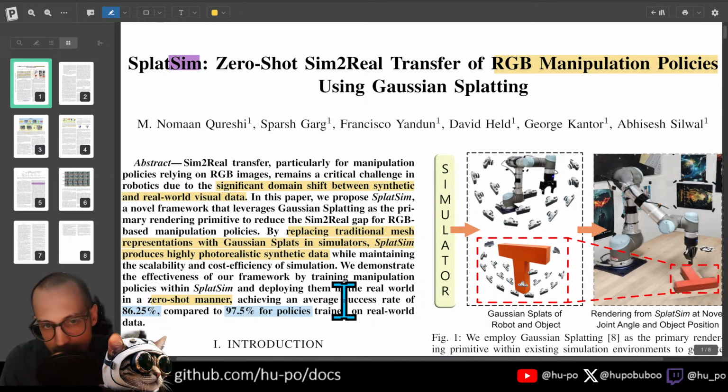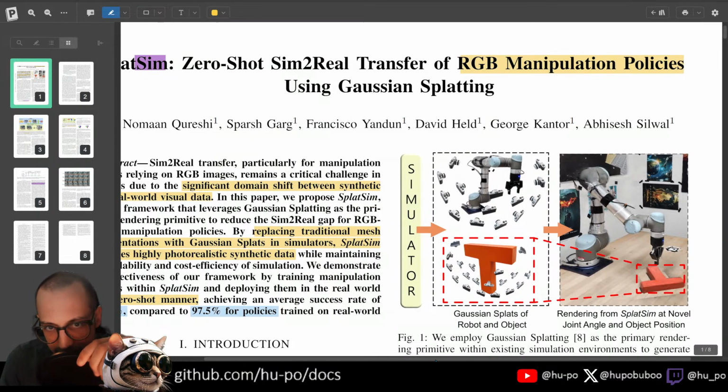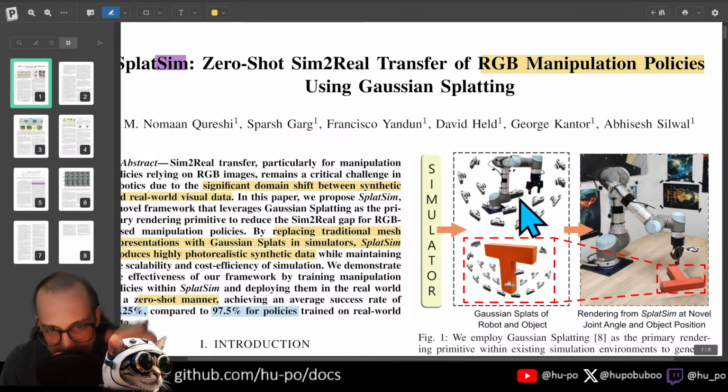So works like DUSt3R are basically trying to leverage that pre-training from the foundation models to improve Gaussian splats, especially to reduce the total amount of images you need and the initialization you need. So I think there are ways to use foundation models to improve Gaussian splats, but we're still in early days for that.